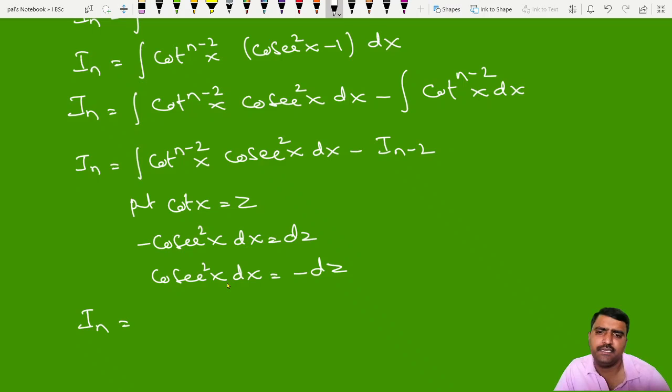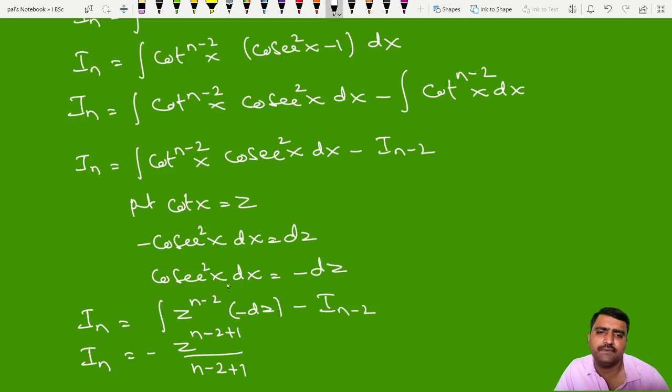So then in can be written as integration of cot x is z to the power n minus 2 into cosecant square x dx, which is minus dz, minus in minus 2. So that is in is equal to minus of integration of z to the power n minus 2, which is z to the power n minus 2 plus 1 by n minus 2 plus 1, minus in minus 2. So this is minus in minus 2.